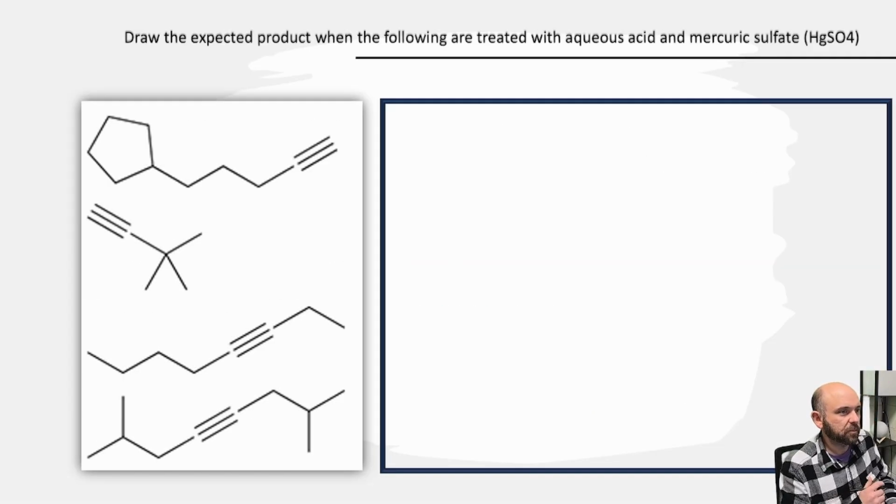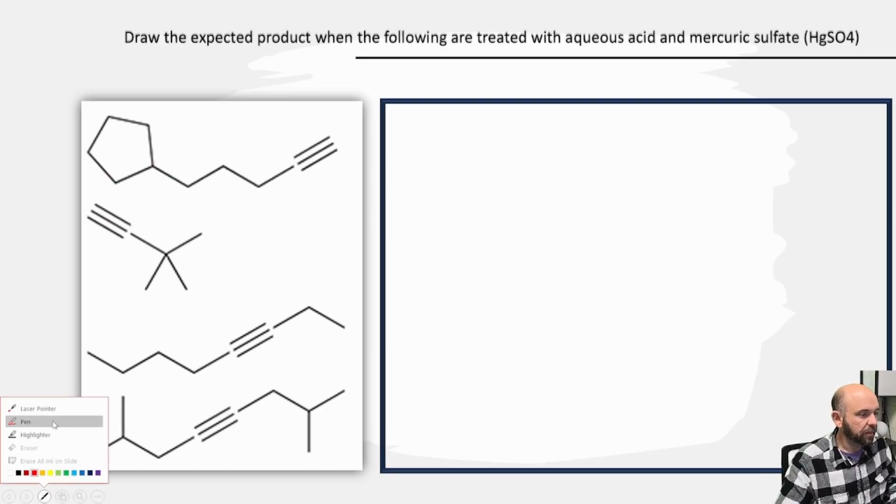So we have some examples here. We are supposed to draw the products of acid catalyzed hydration of each of the following molecules. We can see that the top two molecules are terminal alkynes, so they are going to result in methyl ketones.